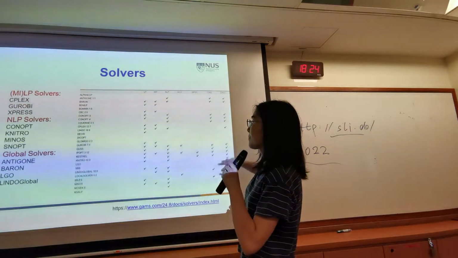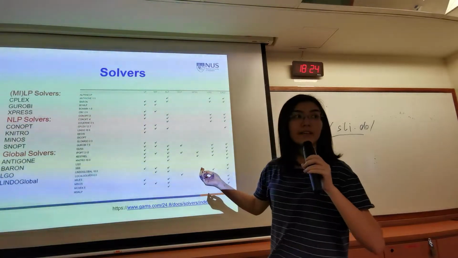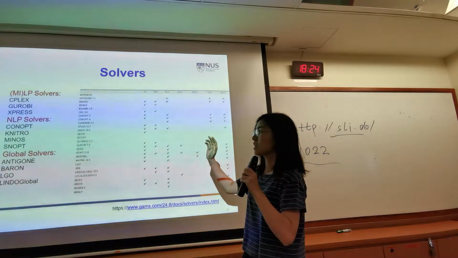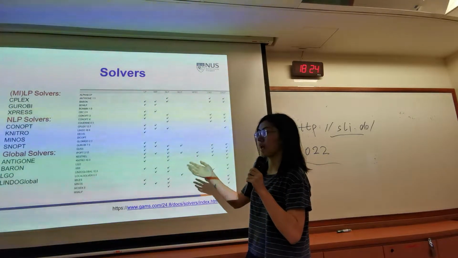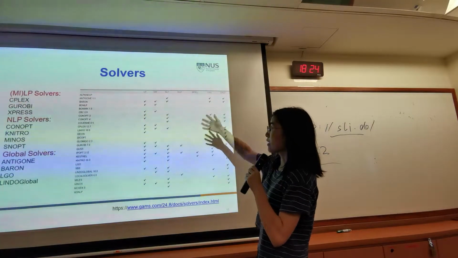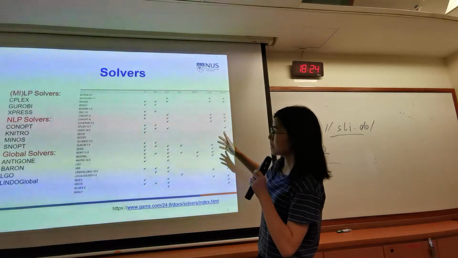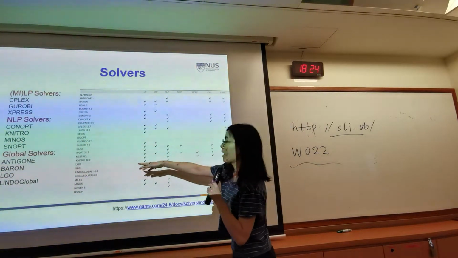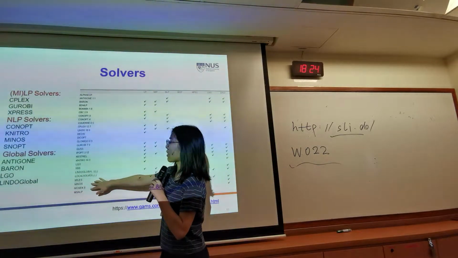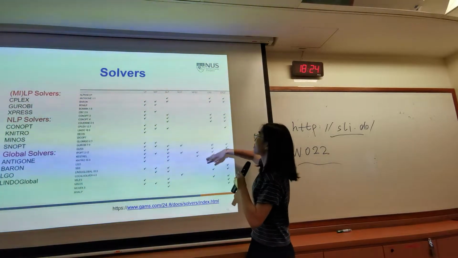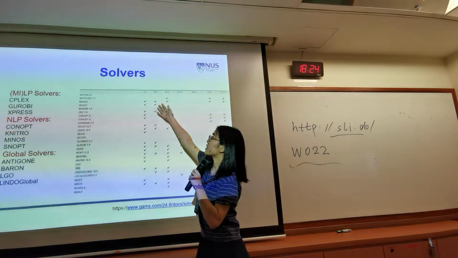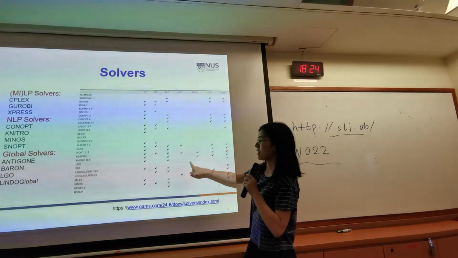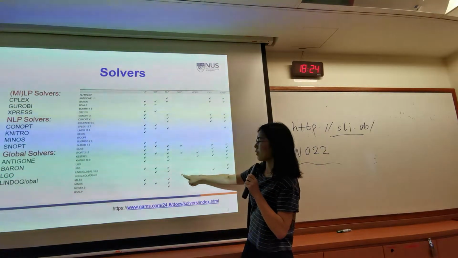This is an overview of the solvers in GAMS. There are linear programming solvers, nonlinear programming solvers, and global solvers. In GAMS, you can open a window like this, showing the solvers with ticks. This column shows the names of the solvers, and these are the types of problems, like linear programming, mixed integer programming, nonlinear programming, etc. When a solver is suitable, there will be a tick there.